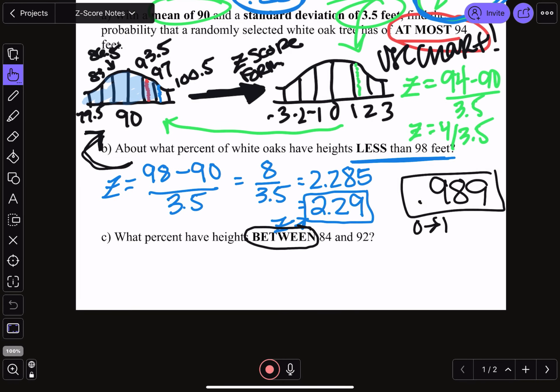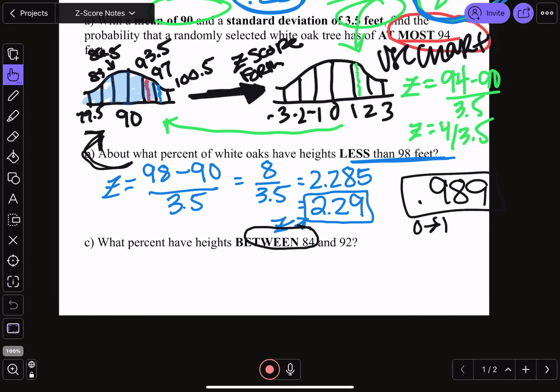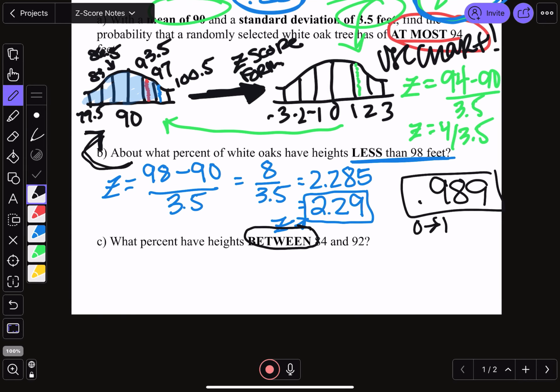All right, so we need 2 z-scores here because we're looking at between. So let's make just a sample one here. My mean is 90. I'm looking for a probability between 84 and 92.